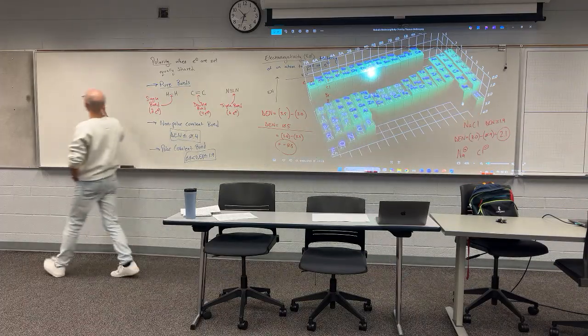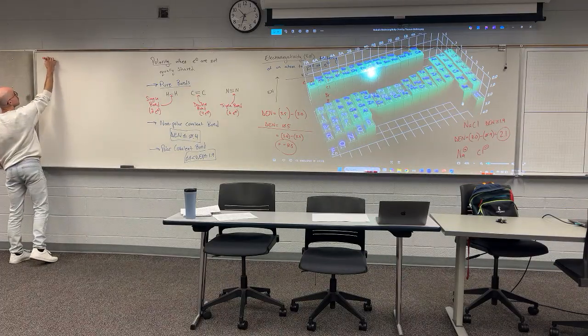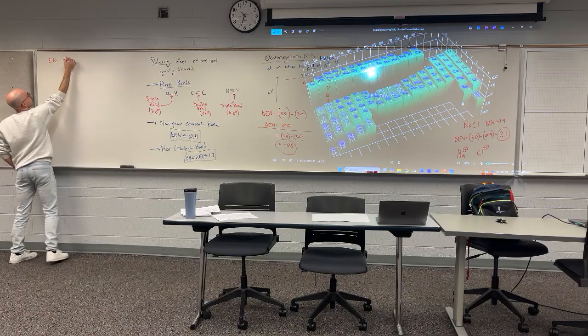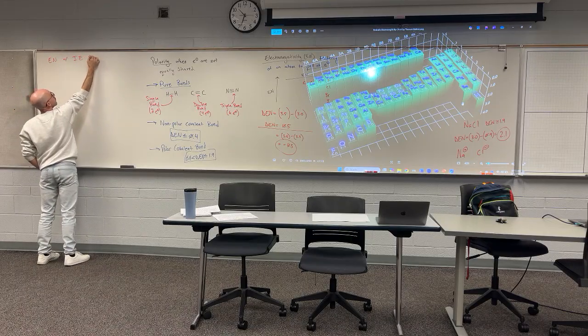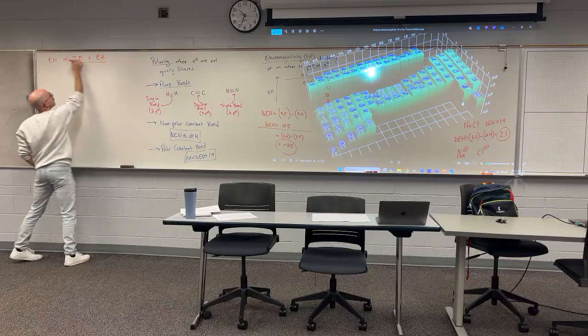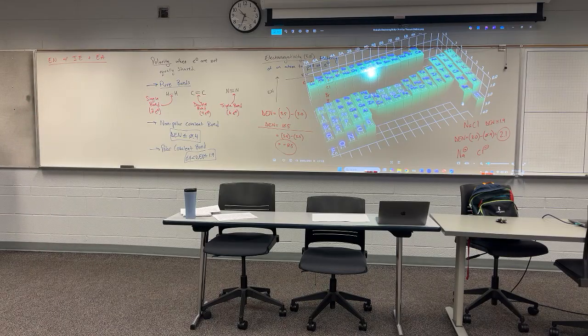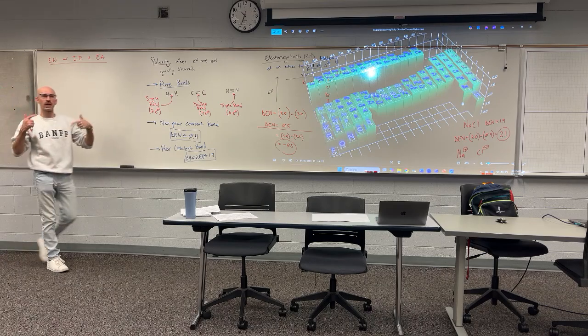One last connection for you guys with electronegativity. Do you guys remember those terms we talked about last week? Ionization energy and electron affinity. What were they in regards to? These were some of our periodic trends.